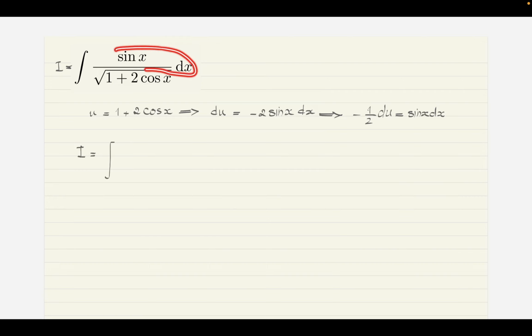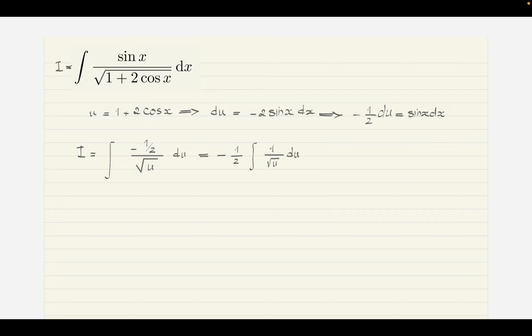Instead of this expression, I can put minus a half du, so I can write minus a half du. And in the denominator, I can write the square root of, but what 1 plus 2 cosine x is nothing except u. But minus a half is a multiplicative constant. I pull it out. Then I will have the integral of 1 over the square root of u du.